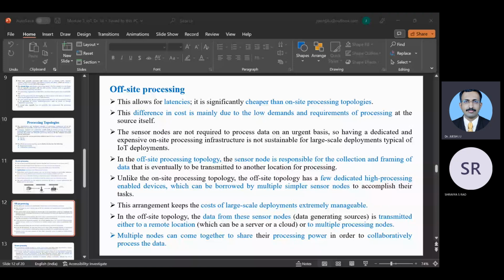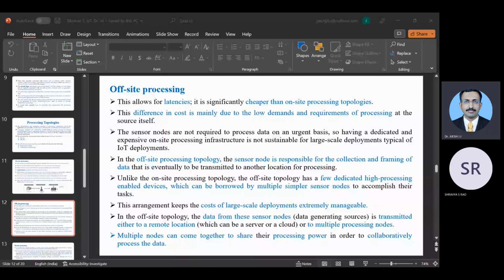Let us see that it consists of sensing data in various sensor nodes. Whatever data it is taking from various sensor nodes, it is taking together, and the data is forwarded to a remote server or a cloud-based infrastructure. For example, this node will give data, this node will give data. We are going to collect it and forward it to a remote server or cloud-based infrastructure for further processing.